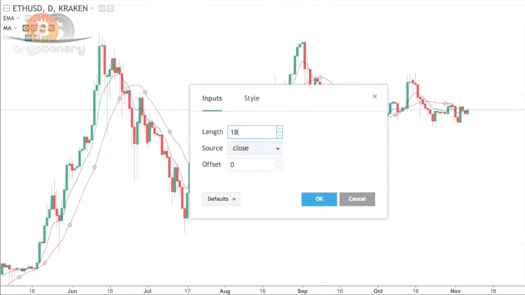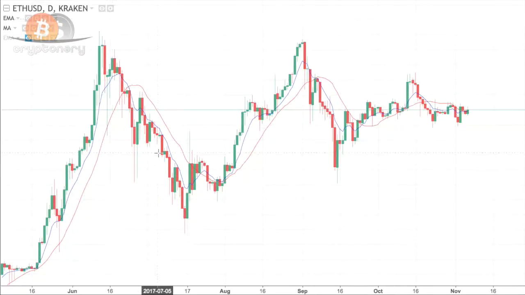Now, because this is a very short period, the length is 18 and the length is 8, this means there's less data applied to these moving averages, meaning they're much closer to the actual price action itself, meaning they act as very good levels of support and resistance on the daily and 4-hour time frame, potentially also below.